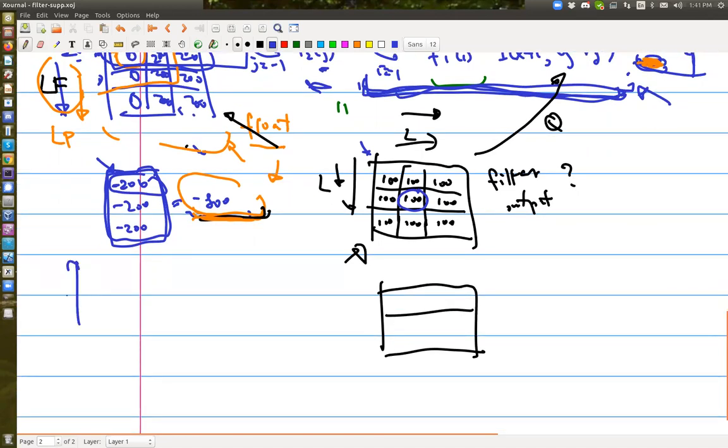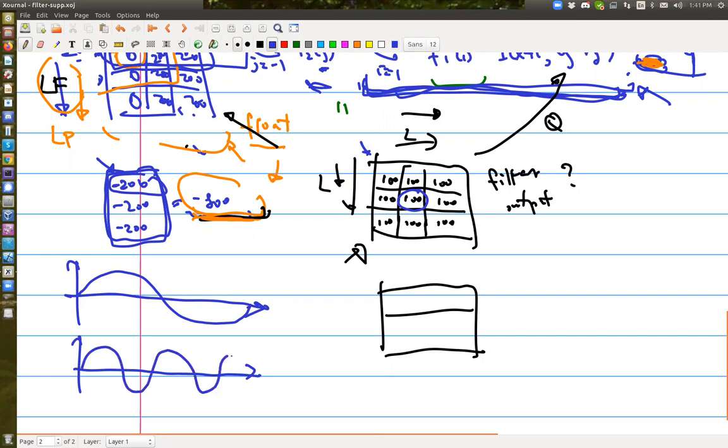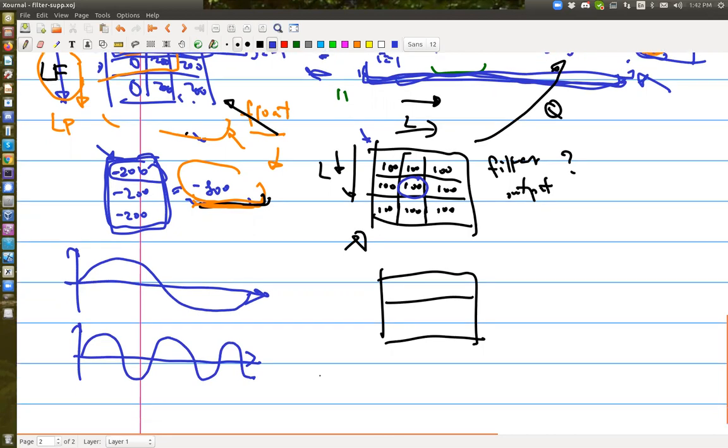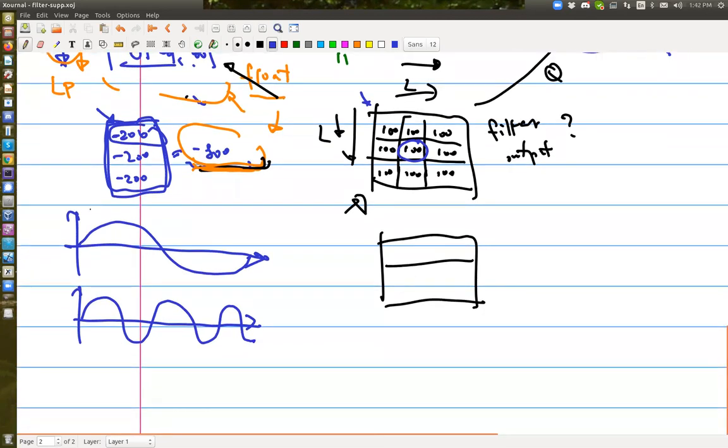So for example, if I have a continuous signal here, this would be lower frequency than, let's say, oscillating like this. This would be high frequency. And the lowest frequency will be just flat, basically. And I can have even higher frequency, let's say like this.